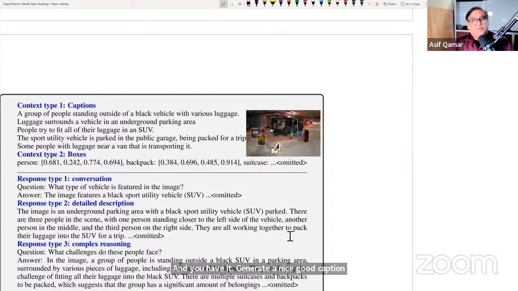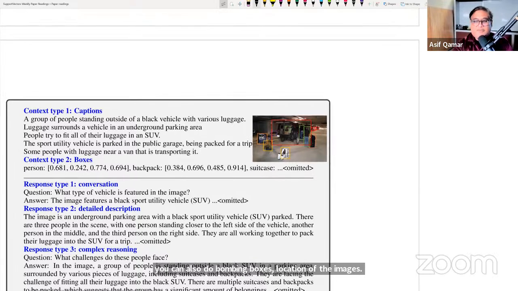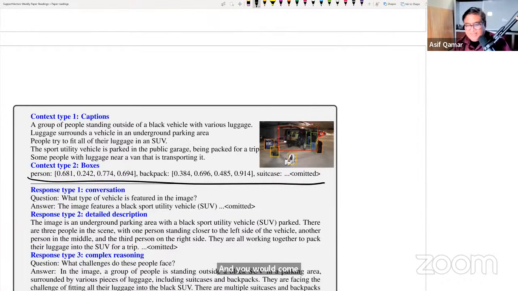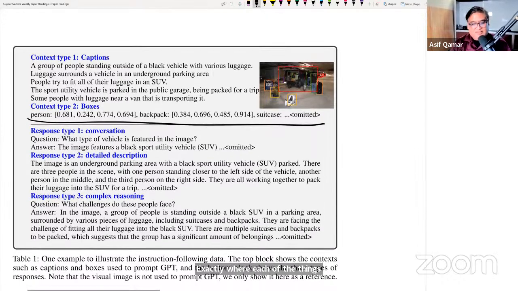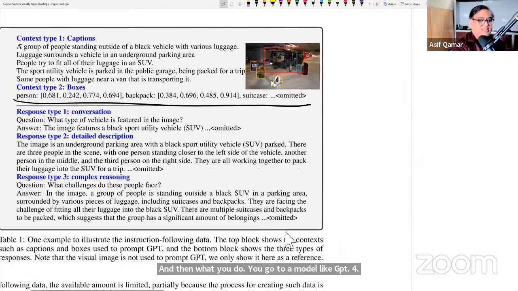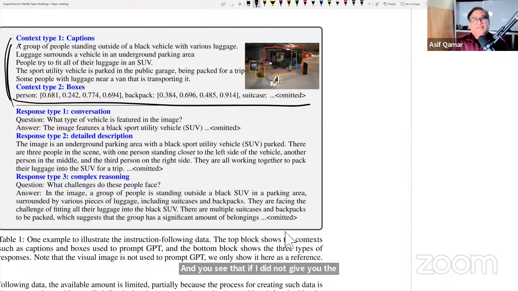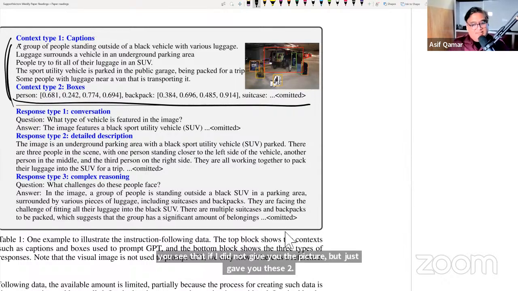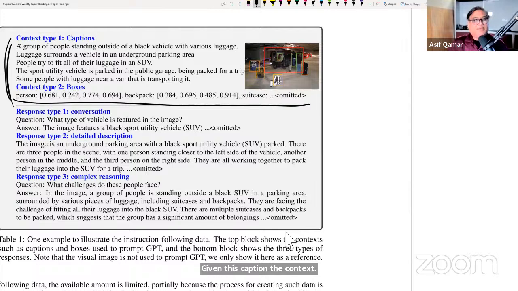Then you can also do bounding boxes, the location of the objects, and you would come up with exactly where each of the things is. You see those colored rectangles. That's segmentation. And then you go to a model like GPT-4, and you say that if I did not give you the picture, but just gave you this caption as the context, and the bounding boxes, could you generate question and answer?